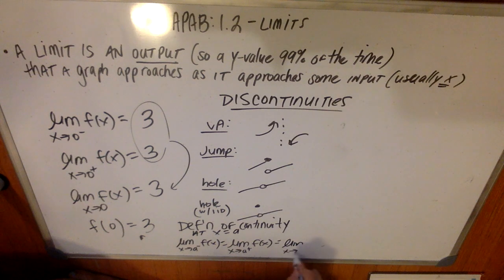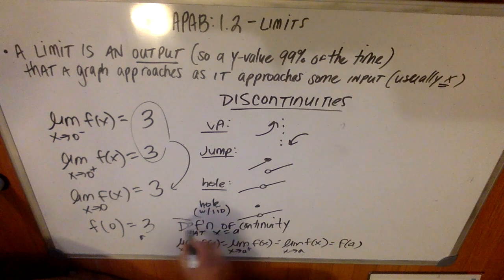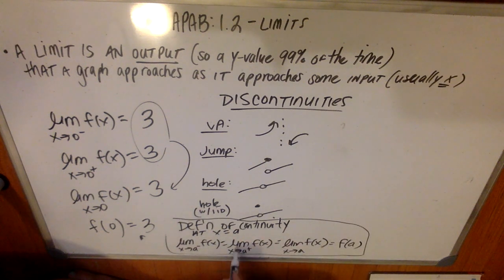So there's the double-sided limit at a, and there's the actual f of a. So the actual definition of continuity is that the left guy and the right guy are walking to the same spot, which means the double-sided limit's the same, and that the actual function has the same value.